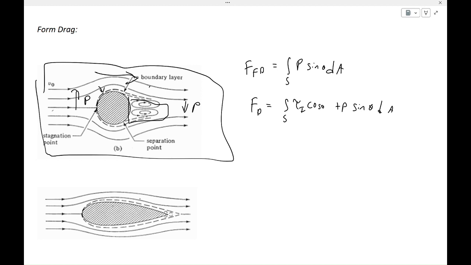Here on the streamlined object, however, we have a very low separation area, and therefore the form drag would be lower. And then with skin drag, there's far less contact surface area on this bulky sphere than this streamlined object, so we would expect the skin drag to be a lot higher in this streamlined object.